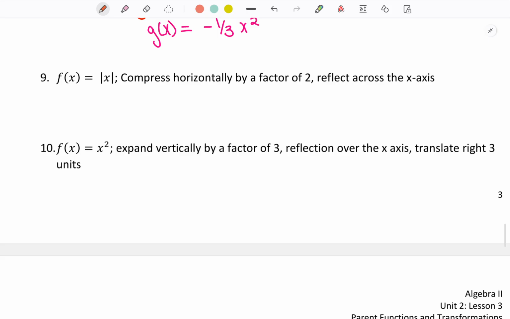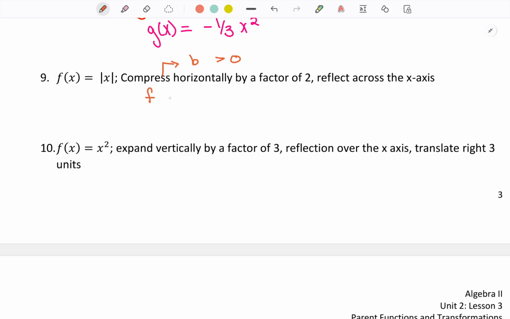And for number 9, we're going to compress horizontally by a factor of 2. So we always need to use that reciprocal, but in this case, the way that this is listed, we are going to just use that 2, because remember, to compress, then this is our b value, and it needs to be greater than 0. So we will actually use that 2.